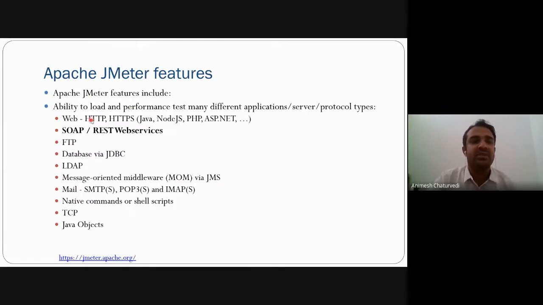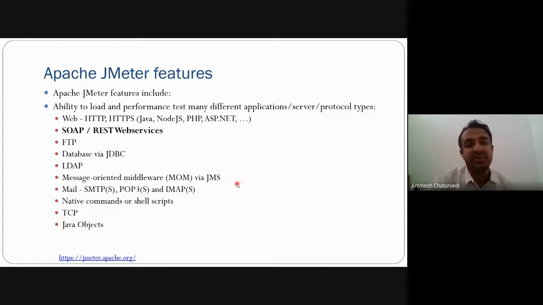Then JMeter could do many things. JMeter could do web HTTP, HTTPS testing, like Java, Node.js testing, PHP, ASP.NET testing, SOAP, RESTful web service testing. It can do FTP testing, file transfer protocol testing, JDBC for database, LDAP for message-oriented middlewares.